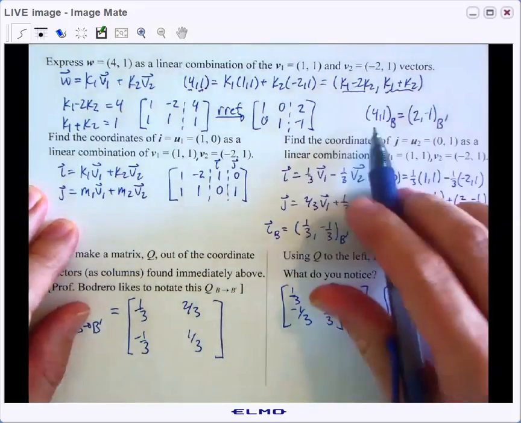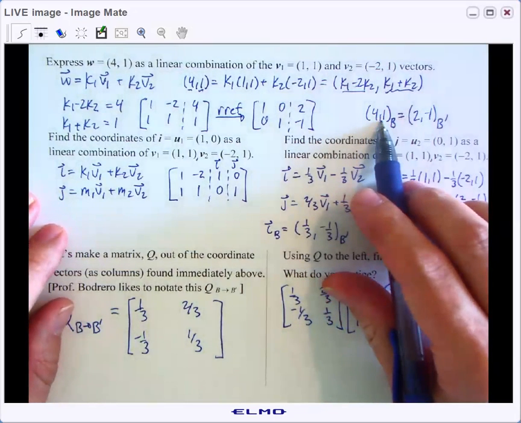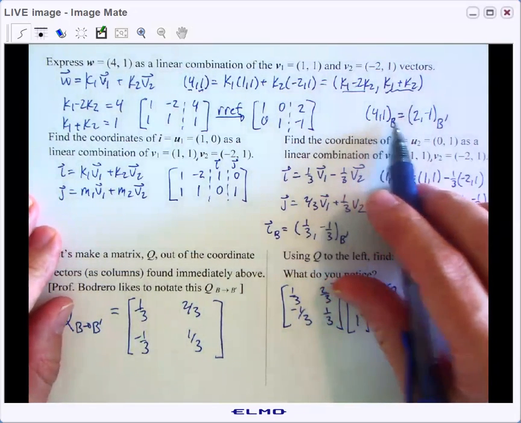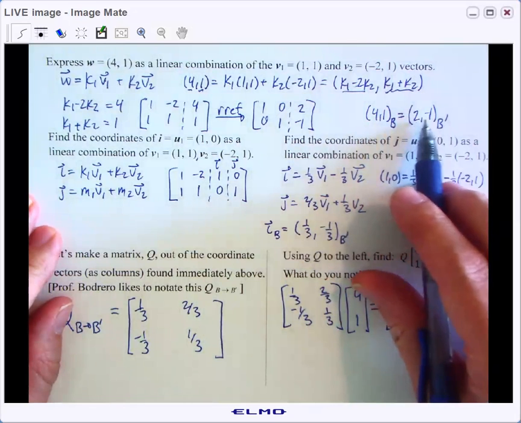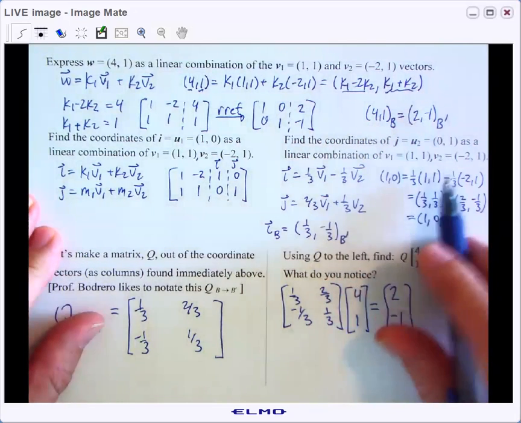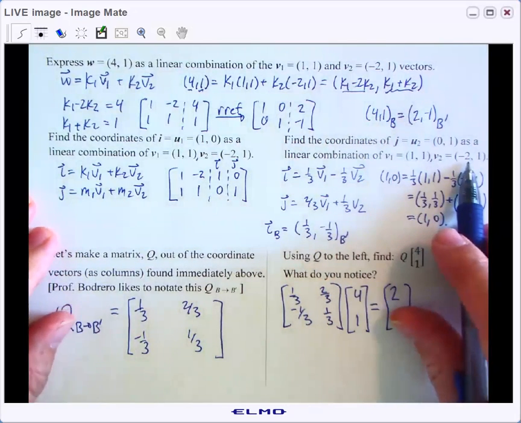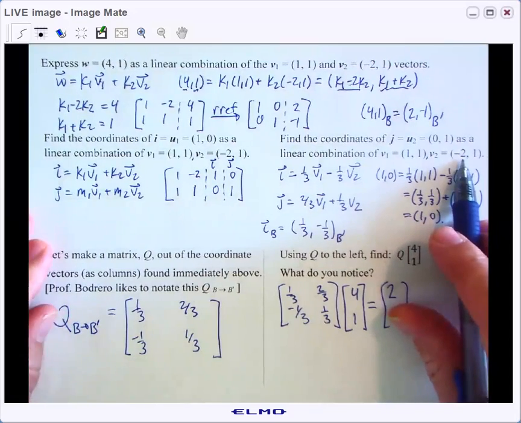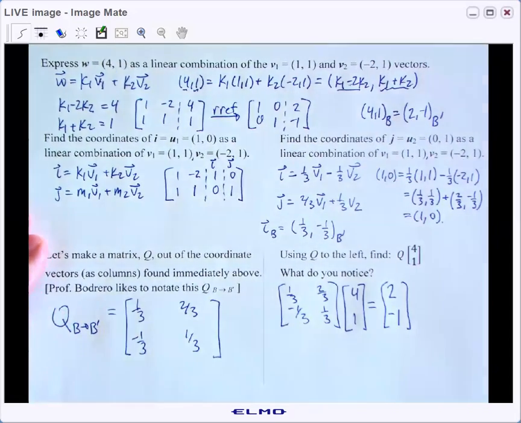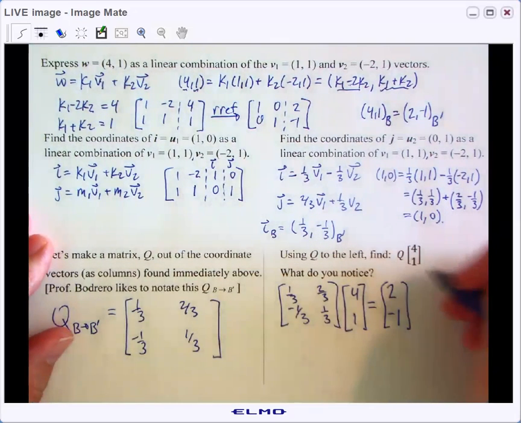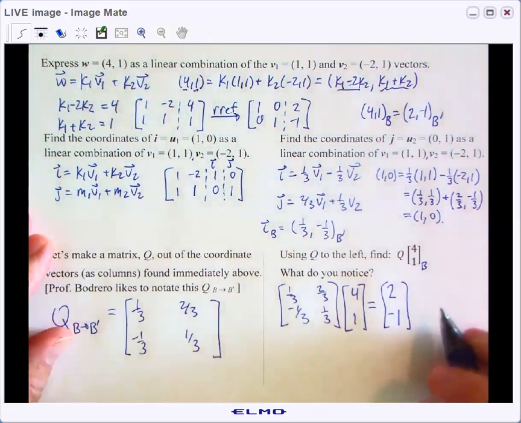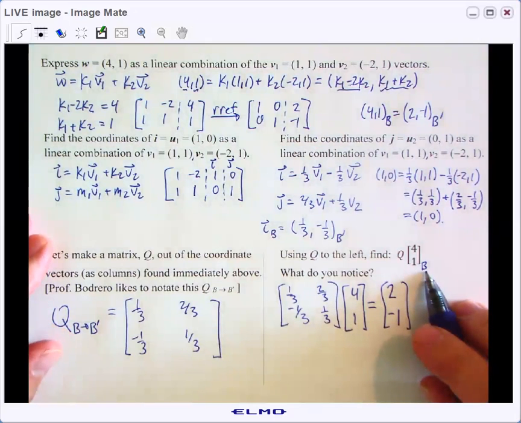So to do 4 i's plus 1 j is the exact same location as 2 V1s minus V2, where V1 and V2 were our other basis, not the IJ basis. Okay, so we can think of 4, 1 as the coordinates of vector W, but with respect to the B basis.